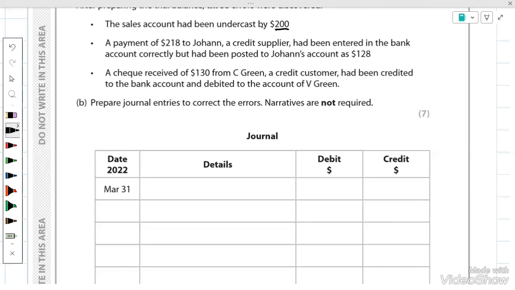Whenever we undercast, we have to increase our sales account by $200. So what we have to do is credit our sales by $200, and where the debit side has nothing, the suspense account will be there as a reference.